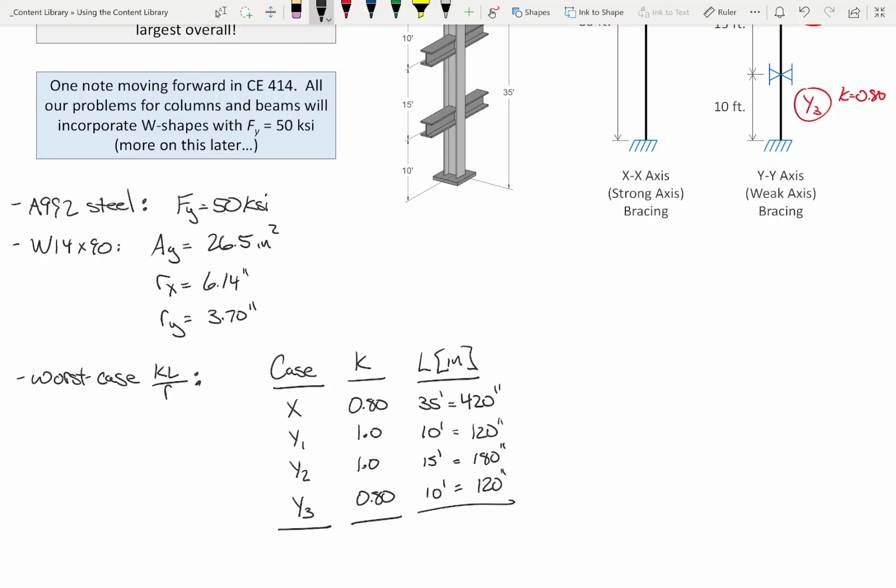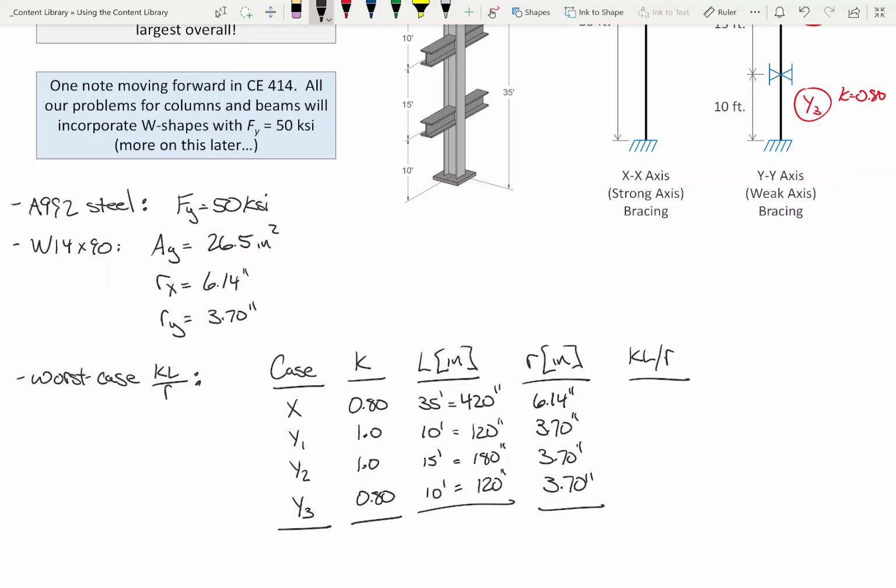Okay, now what about the R values? What's the R value going to be for our first axis? 6.14. Okay, and what about these three? 3.7. There we go. So this one's going to be 6.14 inches. I'm a table guy, as I imagine many of you are.